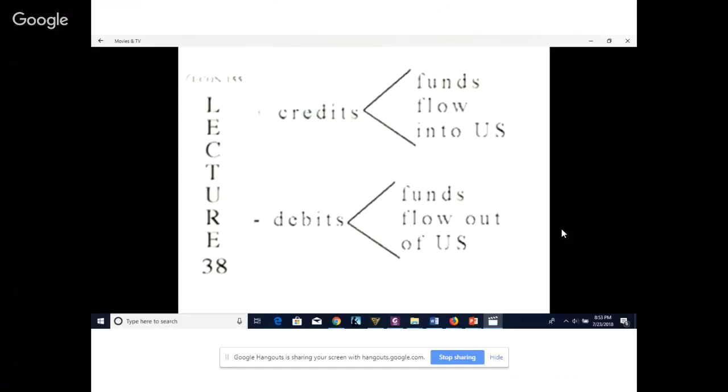Whenever you see funds flowing into or out of the United States, you have to be careful with the sign. If funds are flowing into the United States, that's considered credits. If funds are flowing out of the US, it's considered a debit.